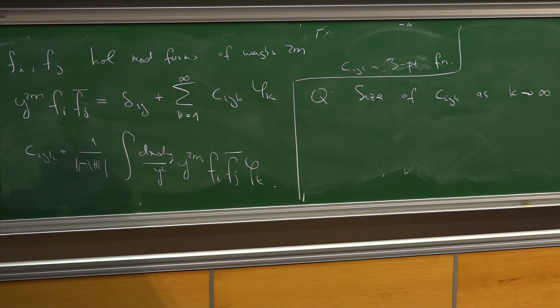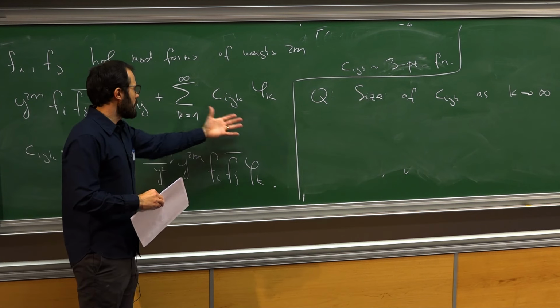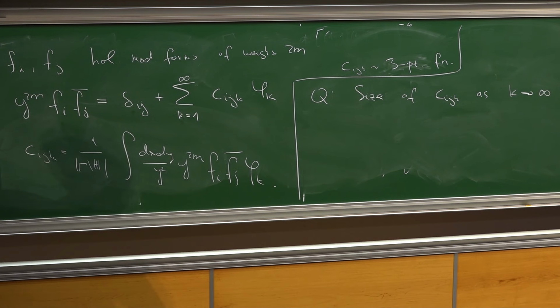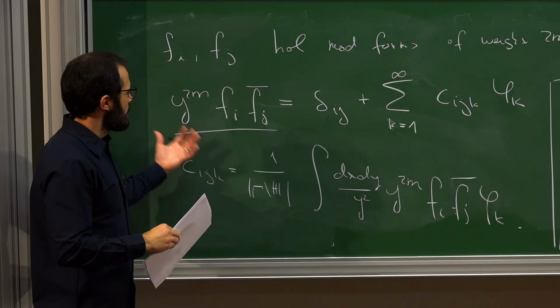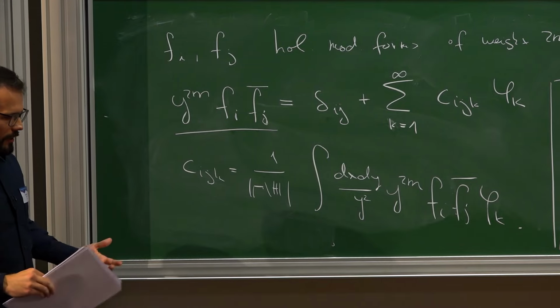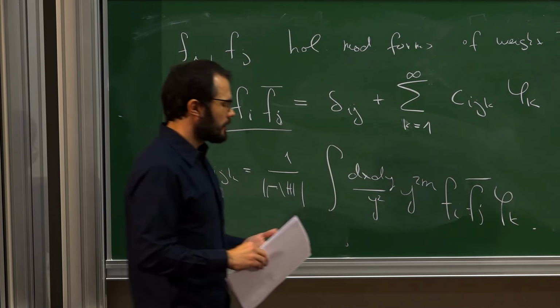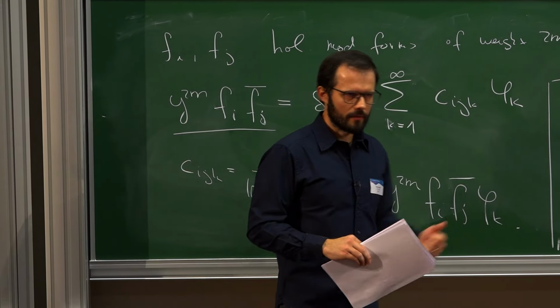And what can you expect about the C_ijk? Well, this is a little bit like a Fourier series of a function. Because these are holomorphic, in particular they are real analytic. And when you look at a Fourier series of a real analytic function, the coefficients are exponentially suppressed.